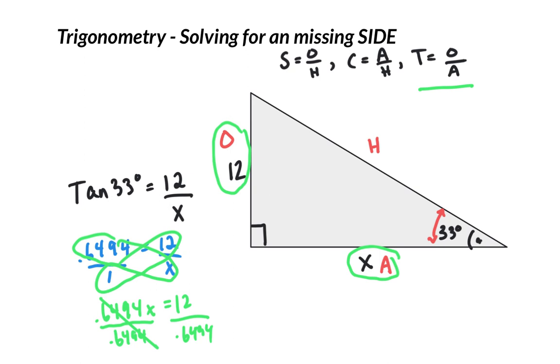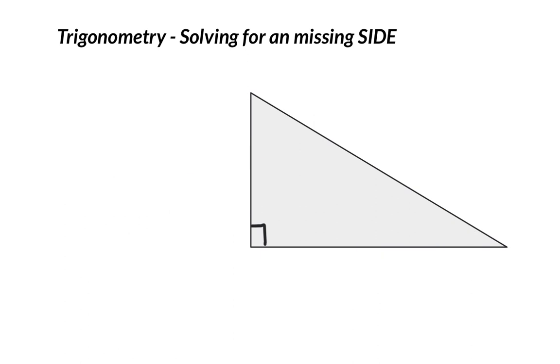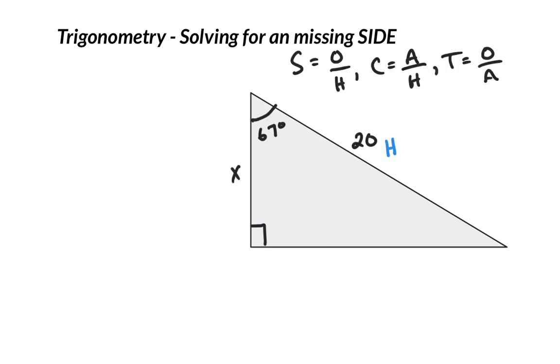Let's do another example. Here we have a new example, so let's label the sides. Start with the longest side, then label the other side that touches the angle. And this is the opposite. We've got the hypotenuse, and we're solving for the adjacent.